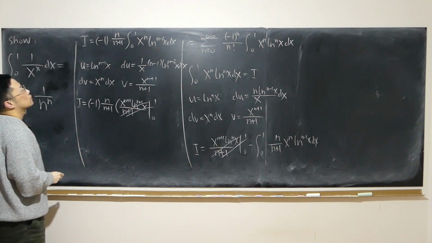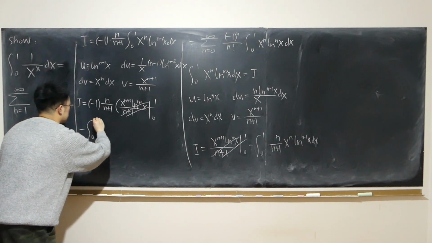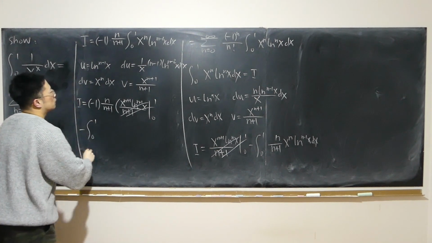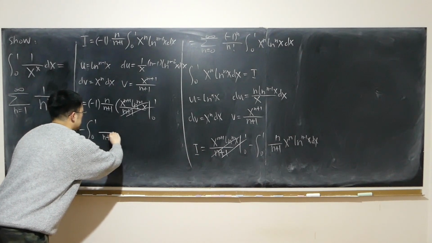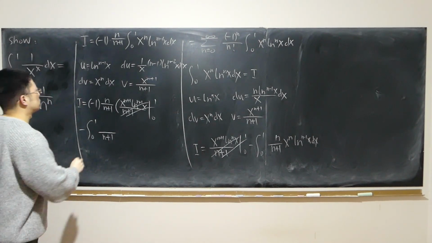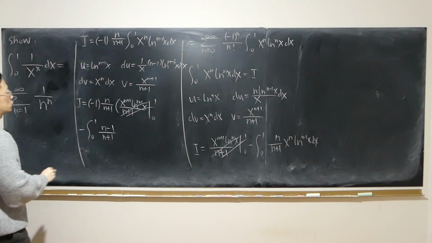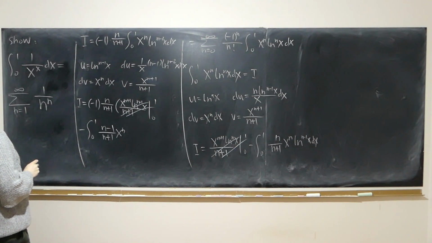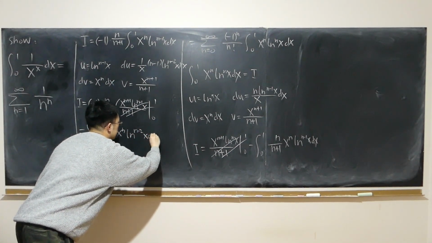And also, minus the integral from 0 to 1 of v du, which is n minus 1 times x to the power n times log to the n minus 2 of x dx.